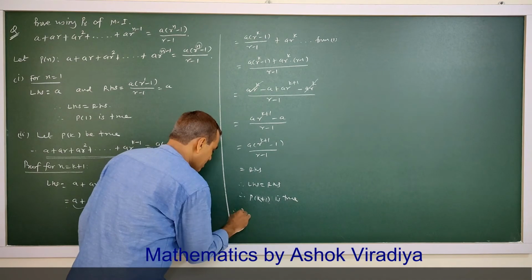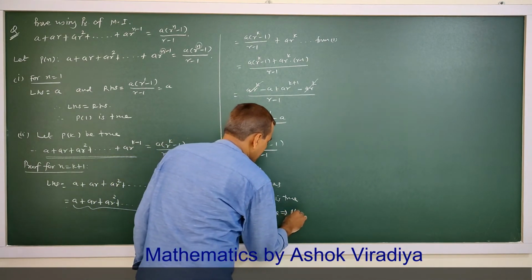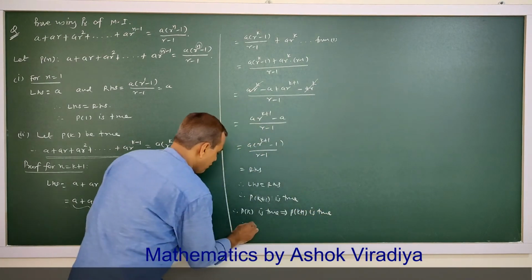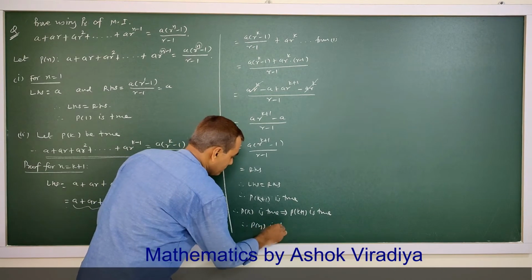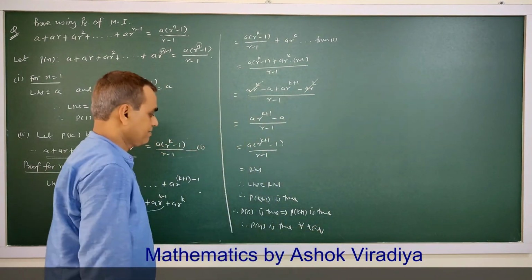Therefore, P of k is true implies P of k plus 1 is true. Therefore, Pn is true for every n belonging to n.